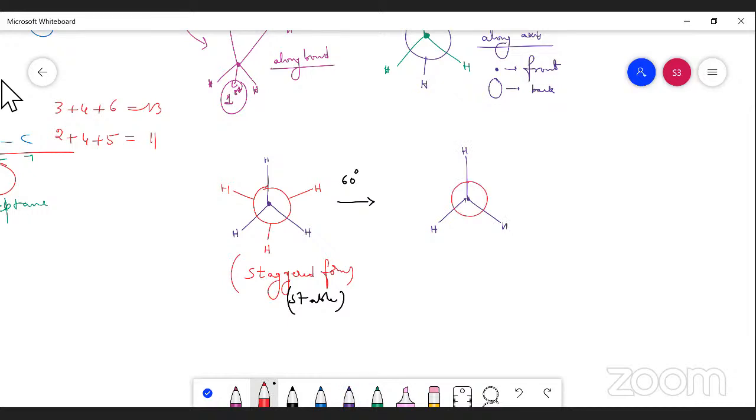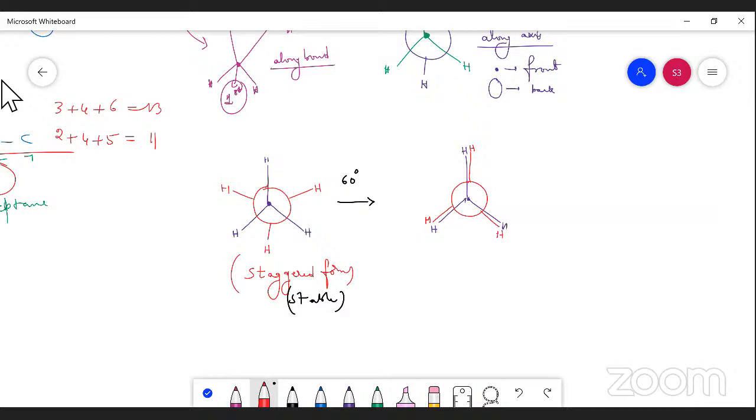When you rotate it by 60 degrees, what happened? In this case, the front carbon CH bonded electrons and the back carbon CH bonded electrons are very, very close to each other. So there was more repulsion between them. So this is highly unstable.